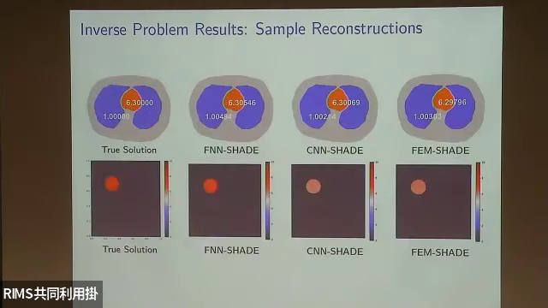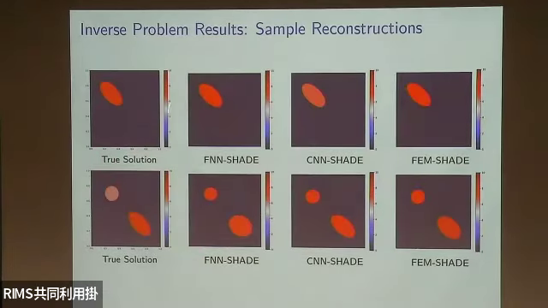We wanted to show as well how it compares. So you have the usual feed-forward neural network, the CNN, and the finite element method. Okay. As you can see, this one is quite good. The conductivity values are not as close, but the geometrical reconstruction is quite good.